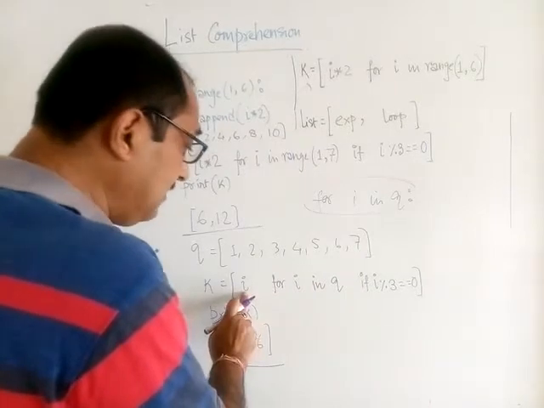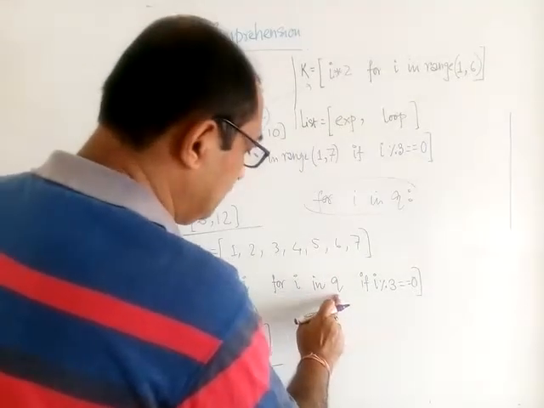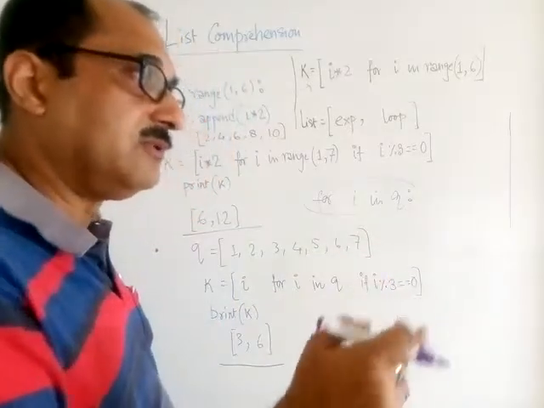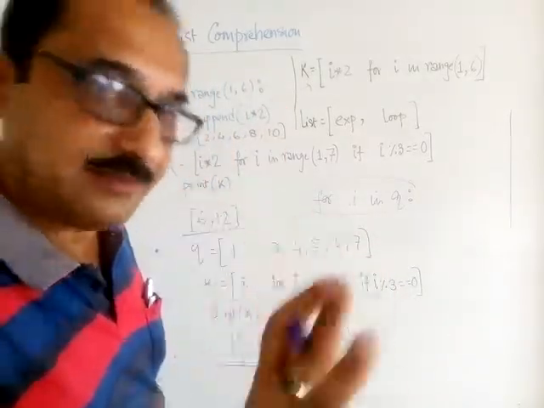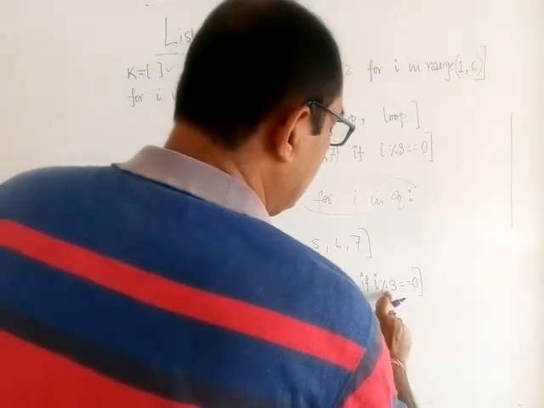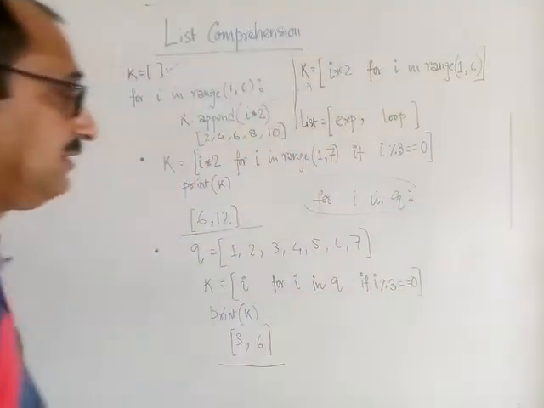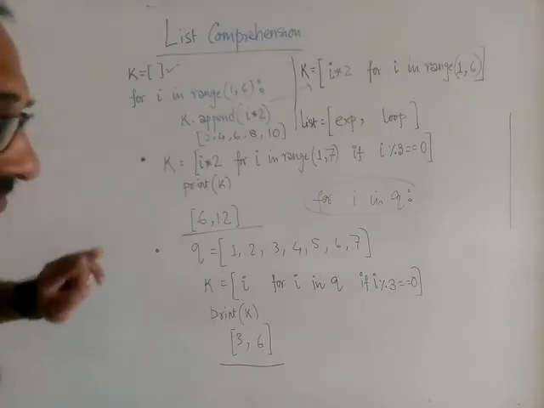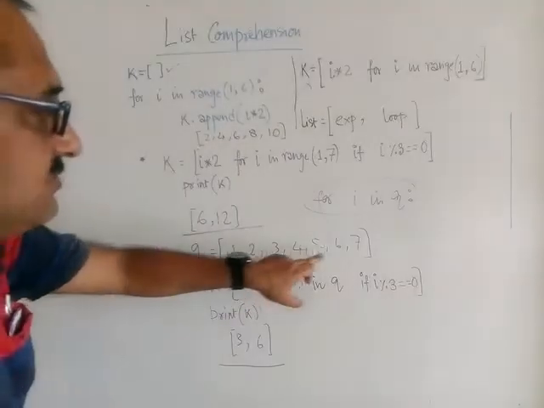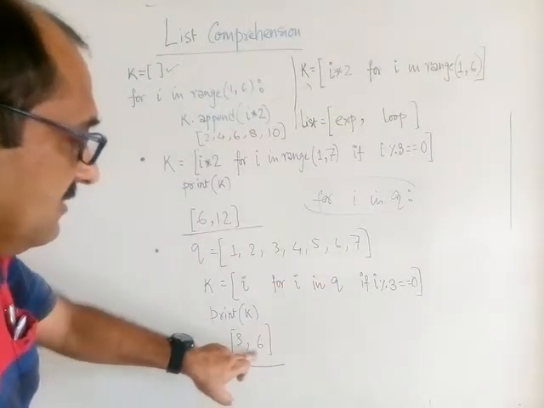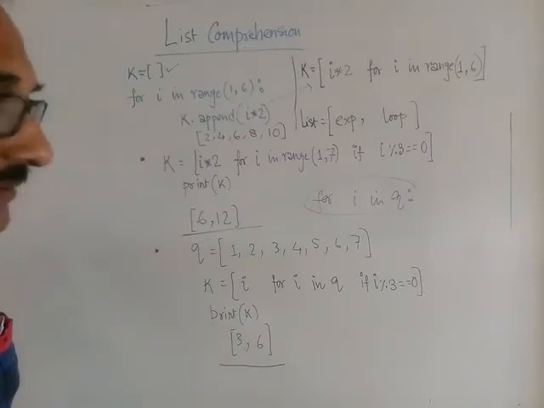Look at this, i for i in Q. That means where i is each element of Q, considering only one element at a time. But I wanted to say that consider only the elements which are multiples of 3. I do not want the other numbers. So you can see only 2 multiples are there, 3 and 6. So we will get 3 and 6 stored in K.